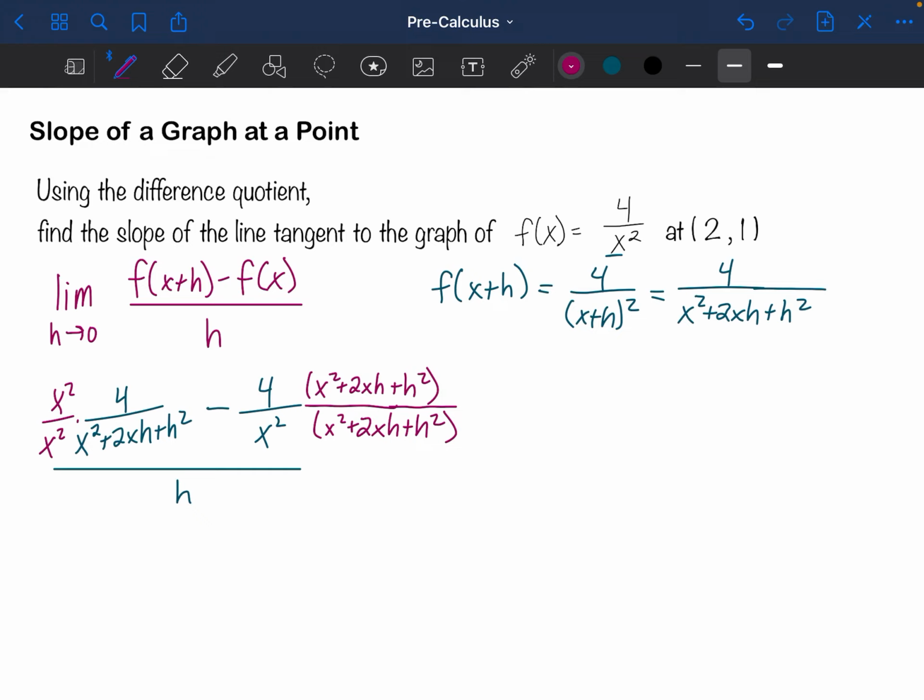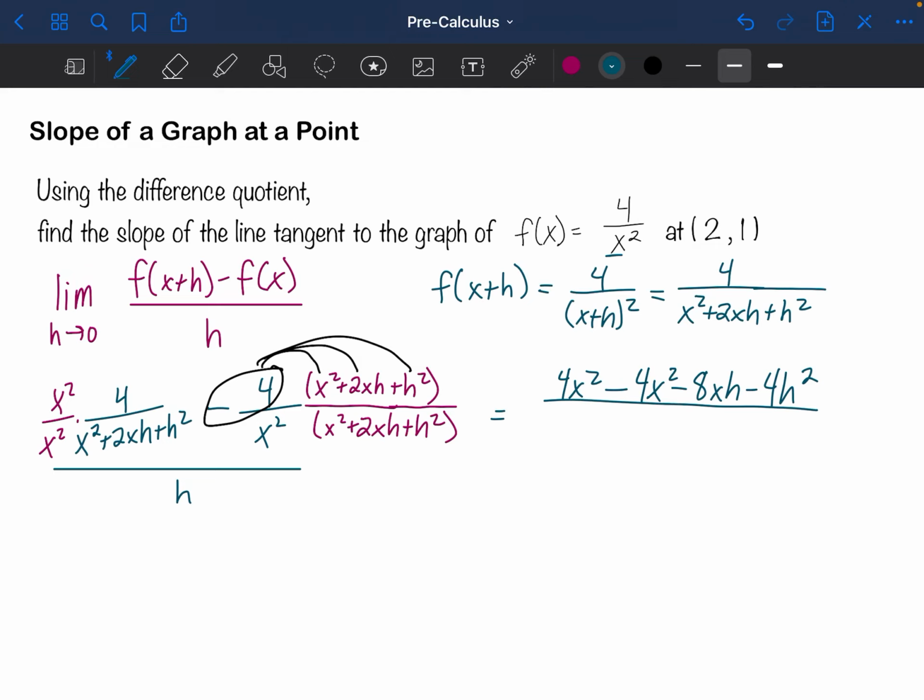So x squared times 4 is 4x squared, minus, over here, this is going to be a minus 4 times everything that's in there. This negative 4 is what distributes to every single piece inside this parentheses. So we're going to have minus 4x squared minus 8xh minus 4h squared.